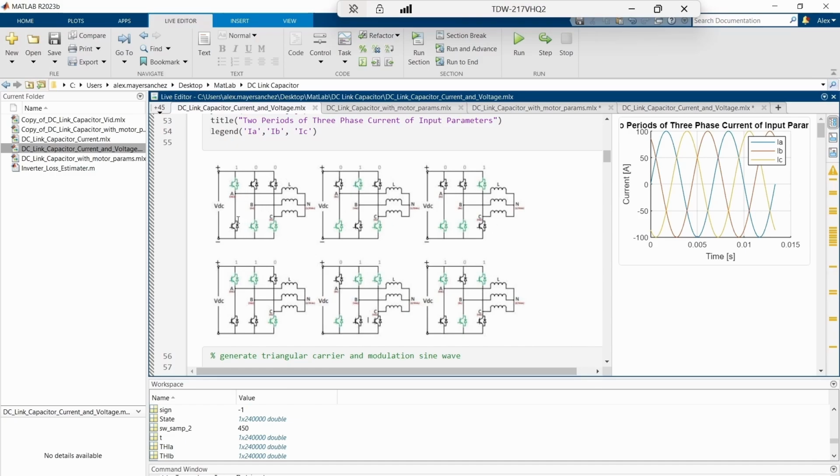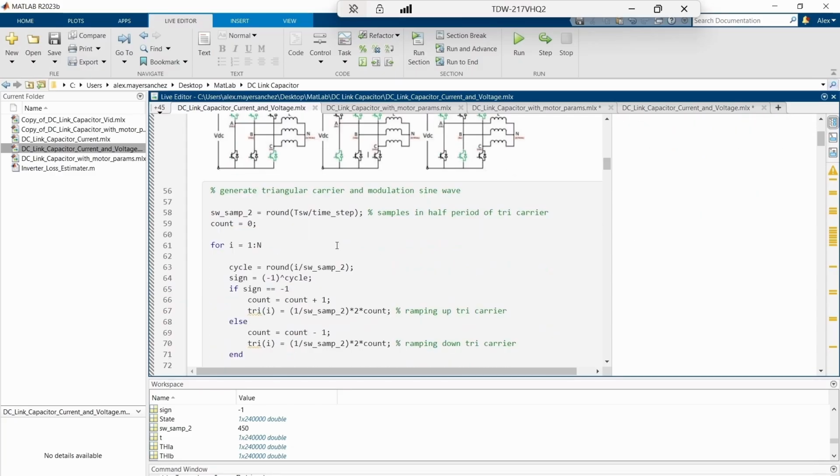So this picture just shows the different switching states you can have, and using PWM we're just switching between all of these states in order to create a fundamental voltage that will, when applied to the load we've determined, apply the current we want. So here I'm generating a triangular carrier and modulation sine waves in order to determine the PWM later.